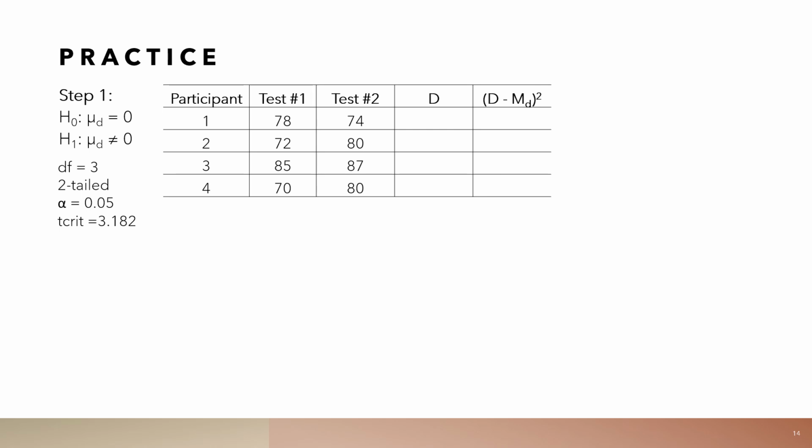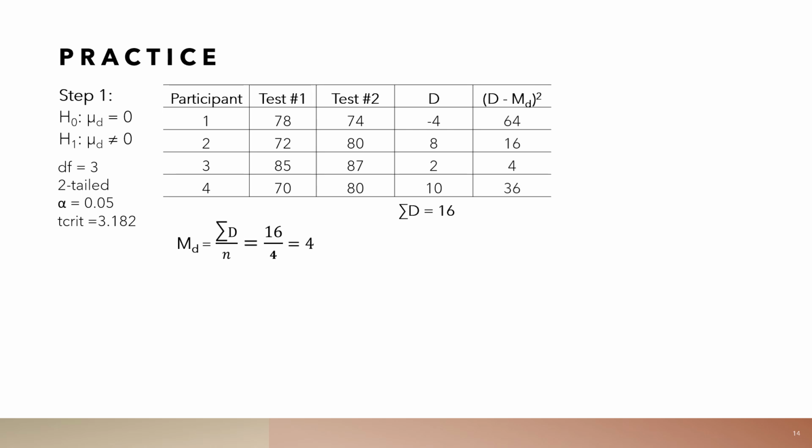Looking at this table on the screen, let's find our mean differences. Subtracting score 2 from score 1 for each individual, we get -4, 8, 2, and 10, which sum to 16. We divide that by our n, which gives us 4, and now we can find the sum of squares.